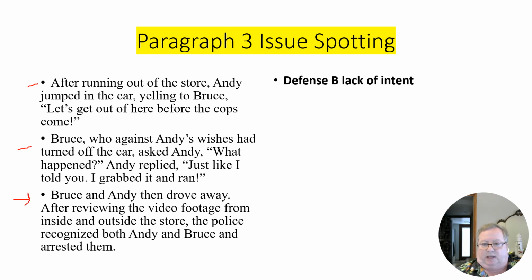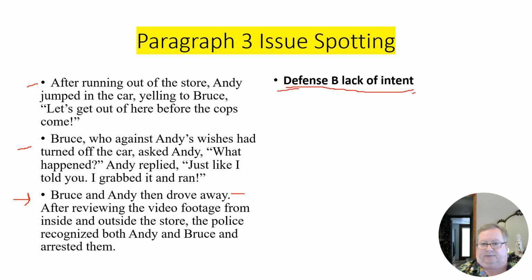By driving away, he's either agreed to continue with this conspiracy, or if he truly did not know what was going to happen in the store because he was intoxicated, he's probably an accessory. But we're adding another defense here, lack of intent. You have to have the actus reus, which is robbing it and driving away.